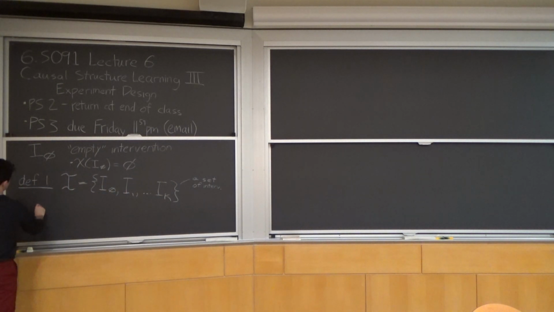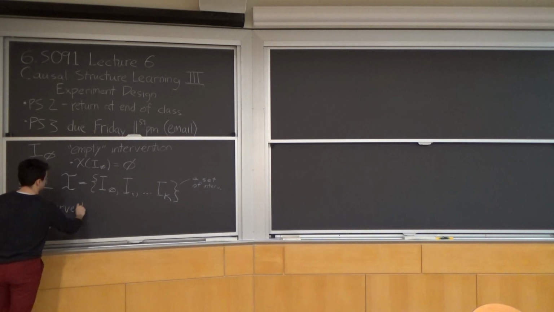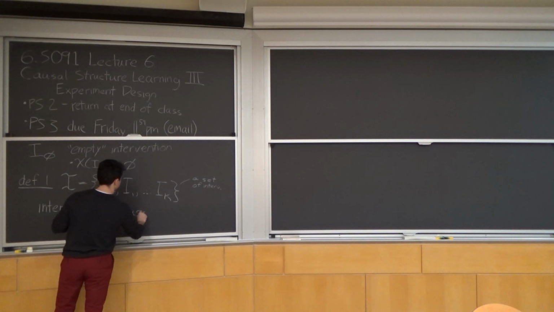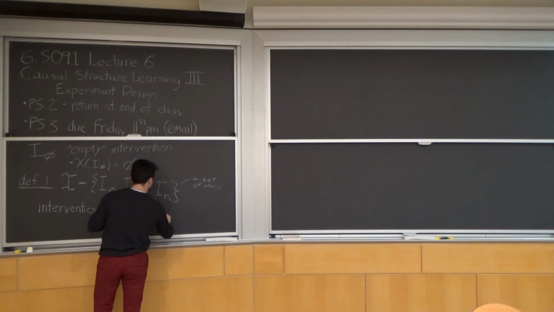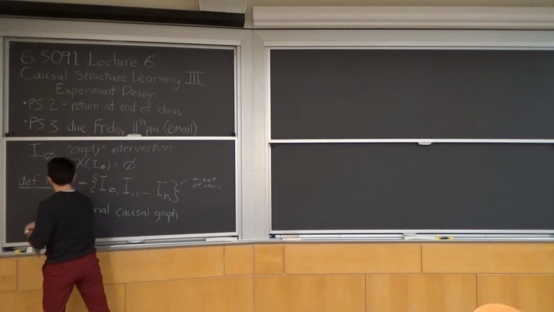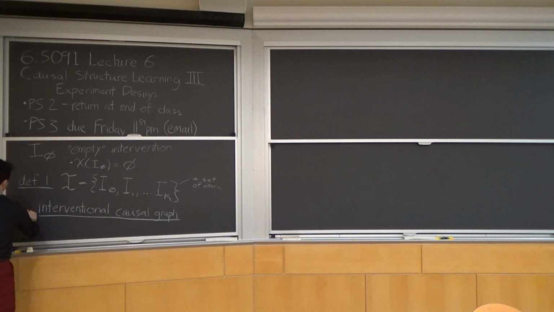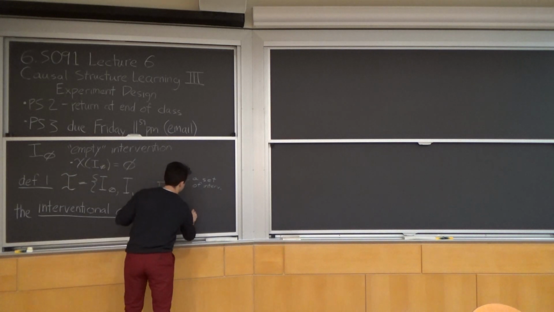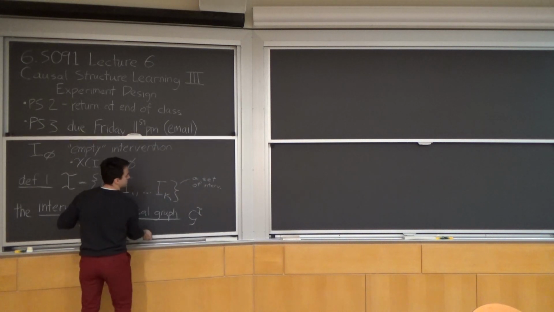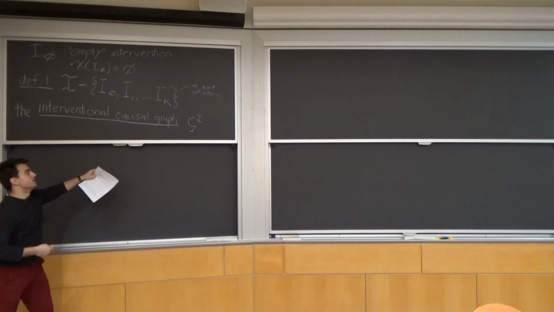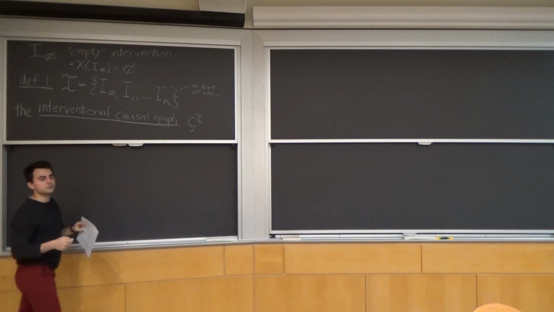So we'll define the interventional causal graph. Similar to how we denoted it with a superscript, just one of these normal I's, we'll have superscript calligraphic I. And I'm not putting here, but obviously there's some graph G that we're augmenting with these interventions.